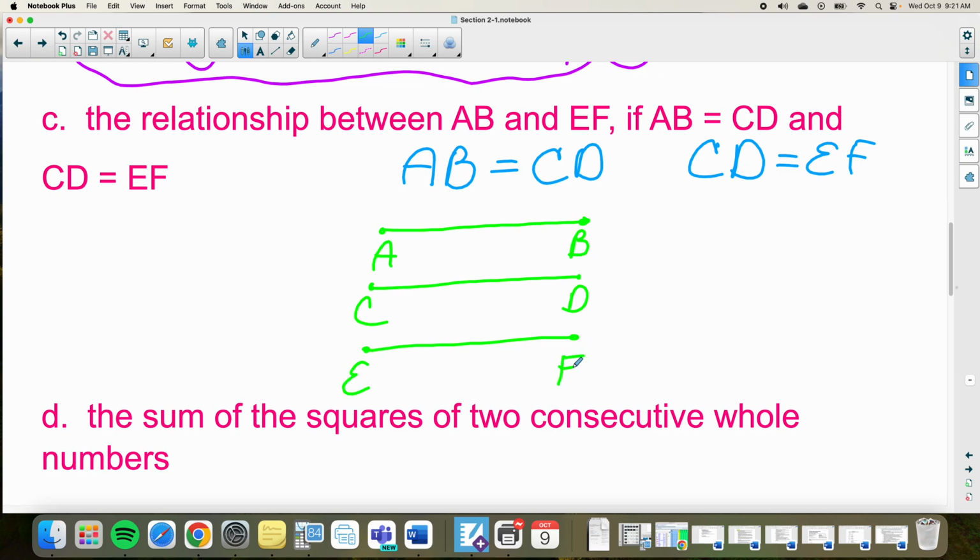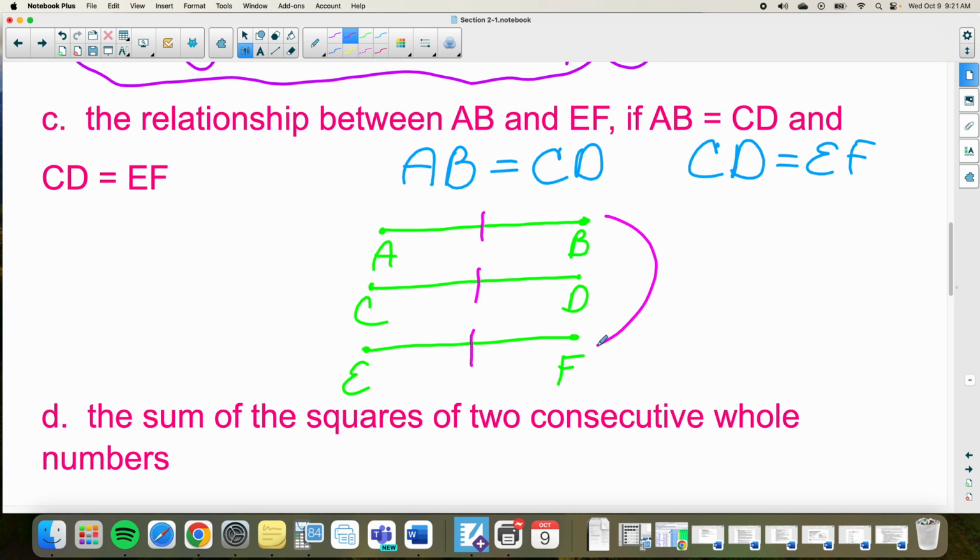What happens here is they're telling us that AB equals CD. Then they're saying that CD equals EF. So then these two are equal. And what we want to do is come up with some relationship between these two.